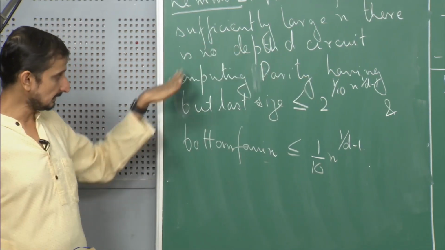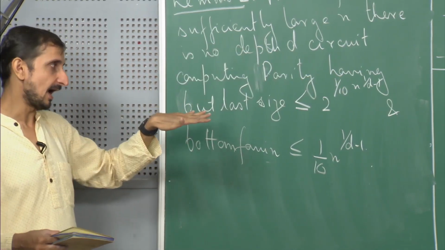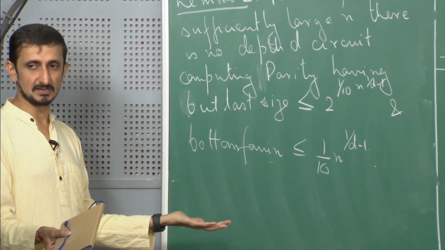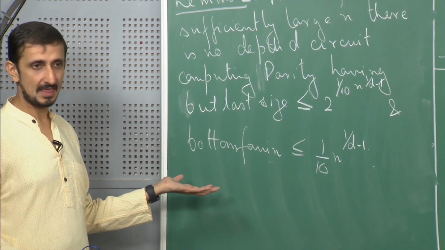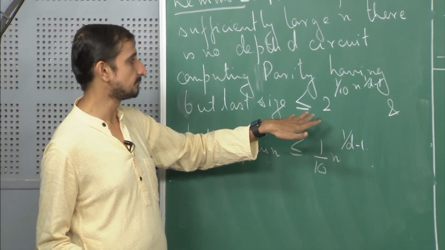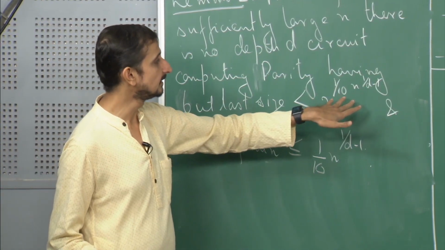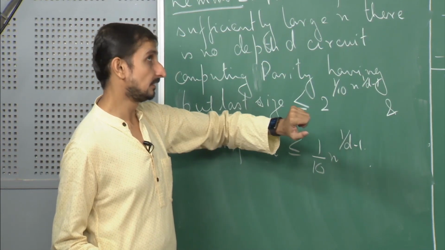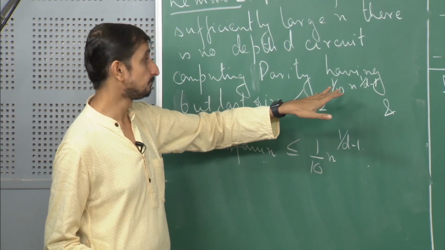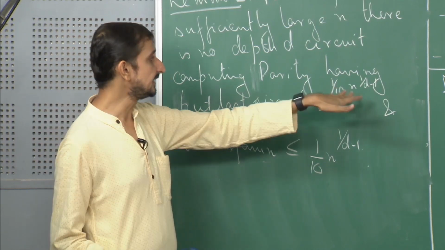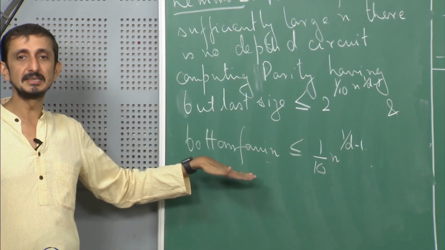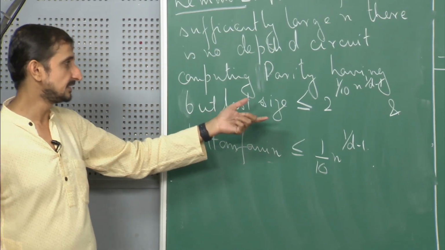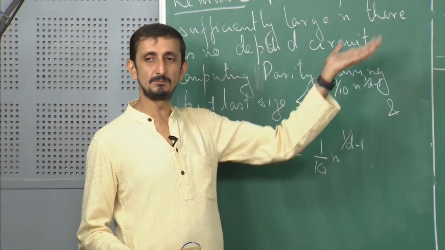But now I am getting a depth d plus 1 circuit, which has bottom fan-in 1 and which has size bounded by 2 to the power 1/10 n to the power 1 over d. So, it will be contradicting this lemma, because now instead of d I have gone to d plus 1.